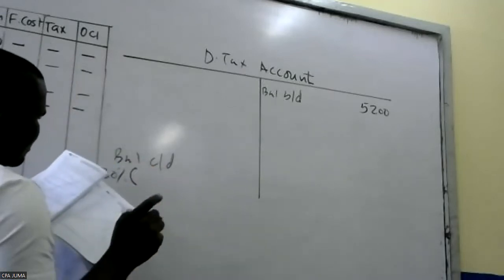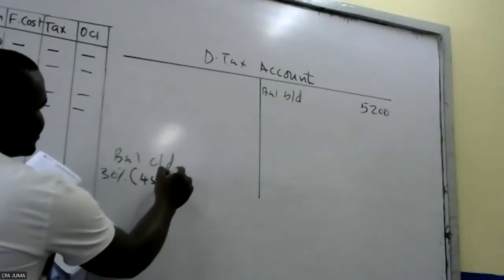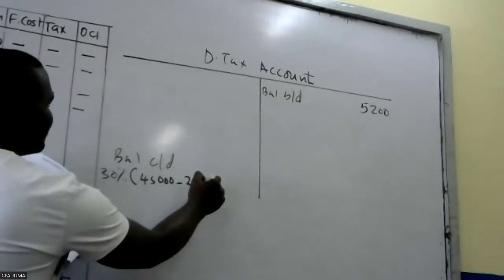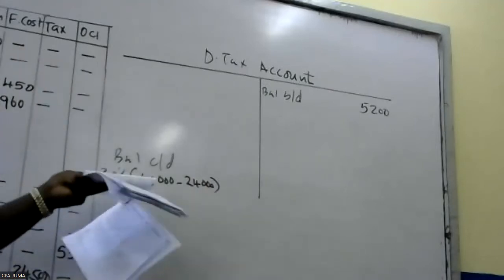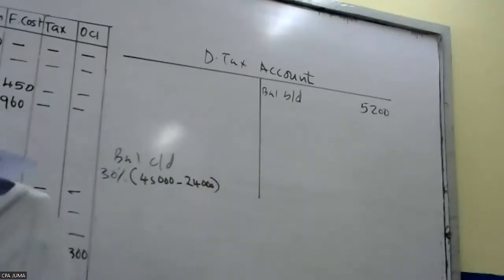Taxable is 45, but you're supposed to deduct how much? 24. So take 45 minus 24, then take the tax rate. The difference will give you the deferred tax. How much is that? 6,300.